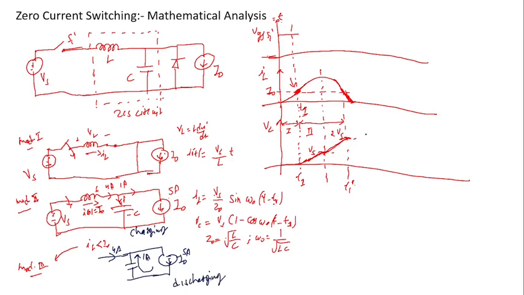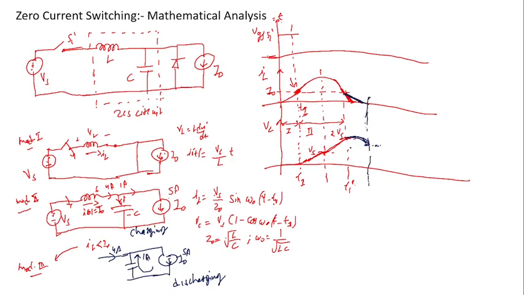That's why the capacitor voltage will drop, because at the t1 prime instant the capacitor has started discharging. While the capacitor discharges, the current which the switch is carrying will show some portion of zero current.